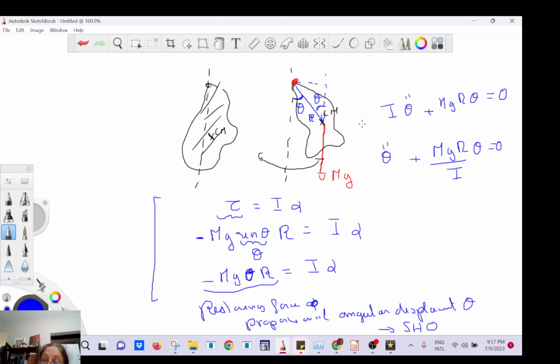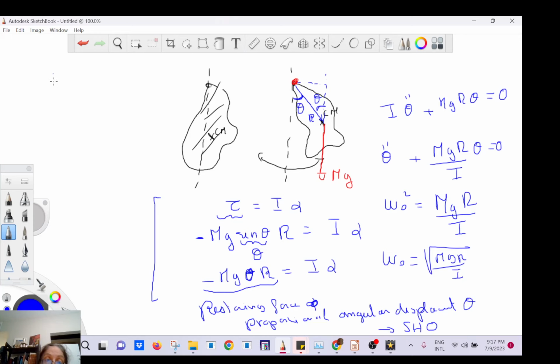The moment of inertia depends on the shape. So what do you see? That you also have an angular frequency squared equal to mg r over I. You might be surprised and say, okay, but how come I have an m? But the m will disappear once you find the moment of inertia.